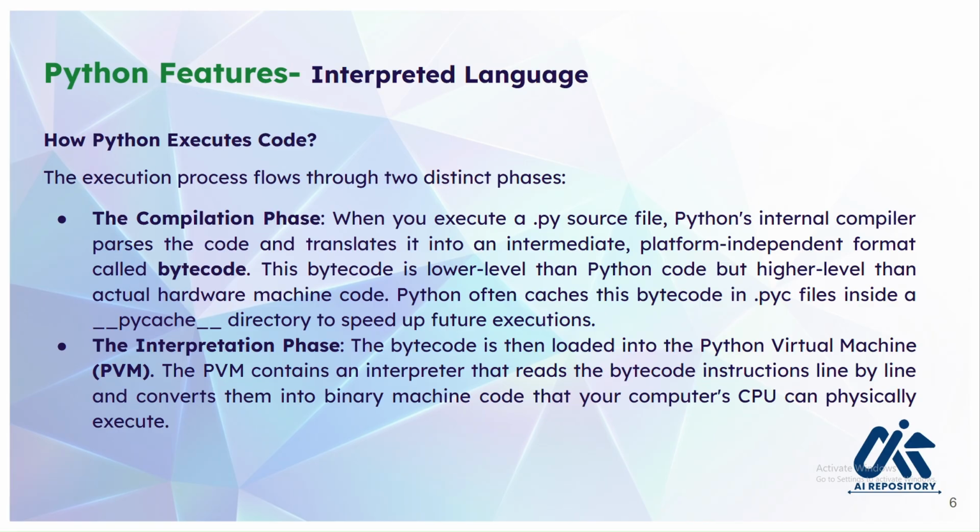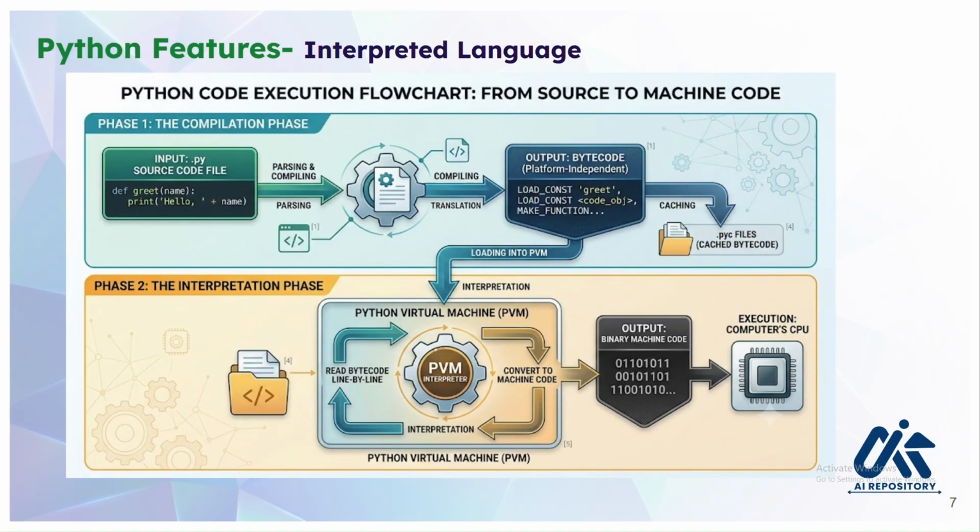The first phase is compilation. What happens here? When we provide a .py source file, what is this .py source file? When you write code, you write it in a text file and save that file with a certain extension. In previous programming languages like C, you use .c to save a C code file.